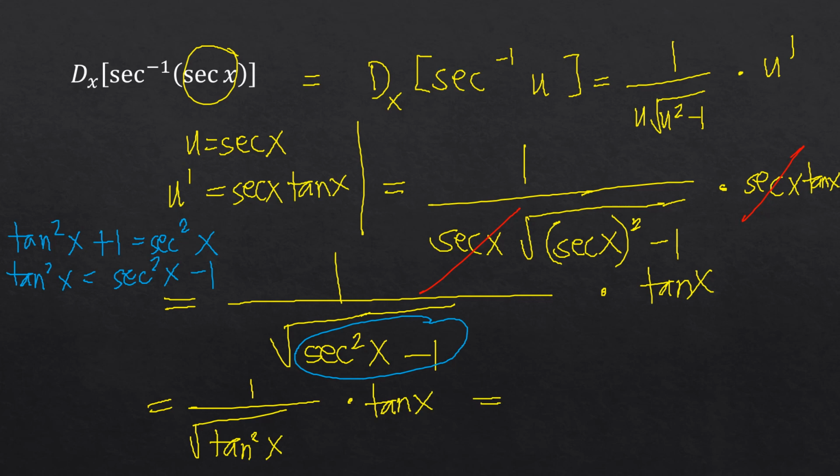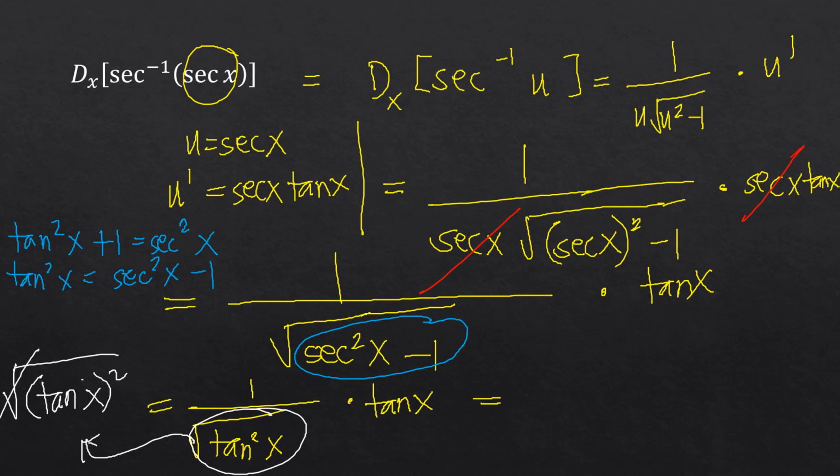And tandaan natin na ang square root of tangent squared x can actually be written into square root of the square of tangent x. Therefore, that is simply tangent x. So we have 1 over tangent x times tangent x. And the answer is 1.